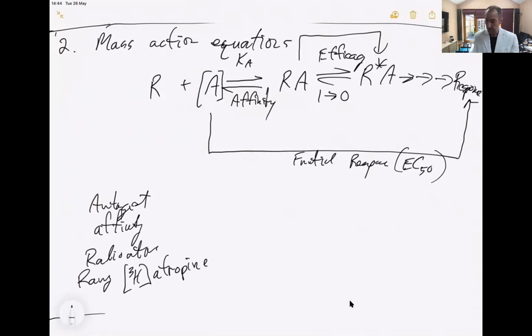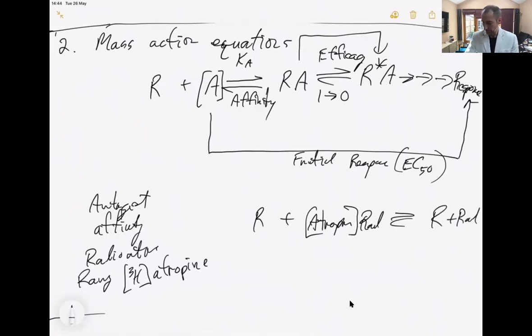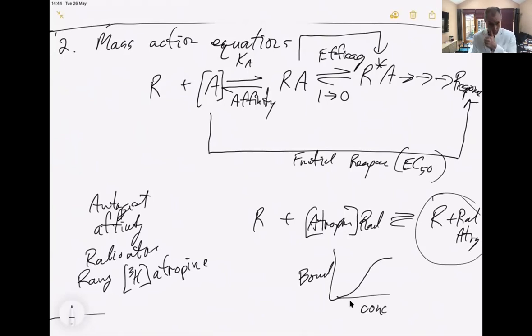If you do that, you can actually get, then the equation is receptor plus atropine radioactive will go to receptor plus radioactive atropine. And you can measure this. So then you can get this type of curve where this is bound and this is concentration, and you can directly measure the affinity.